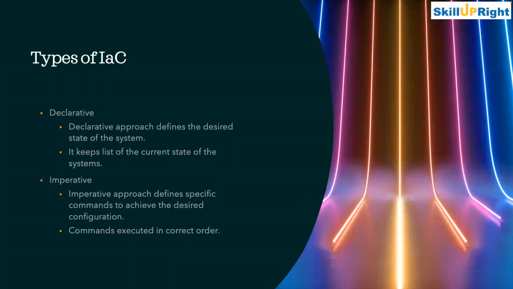It will execute certain commands to find how many VMs I currently have, in a certain order, right? Then it will find, okay, now I have only 2 VMs, but the desired state is 3 VMs, right? Again, it will trigger another command to create another one.